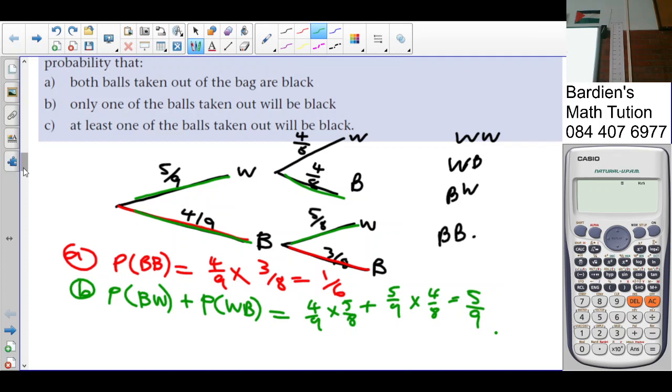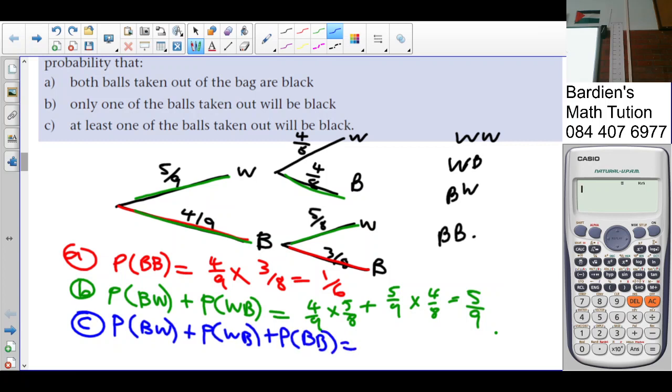The last one. At least one of the balls taken out will be black. At least one of the balls taken out will be black. So it could be black, white, plus white, black, plus the probability of black, black. Not so? So work that out.